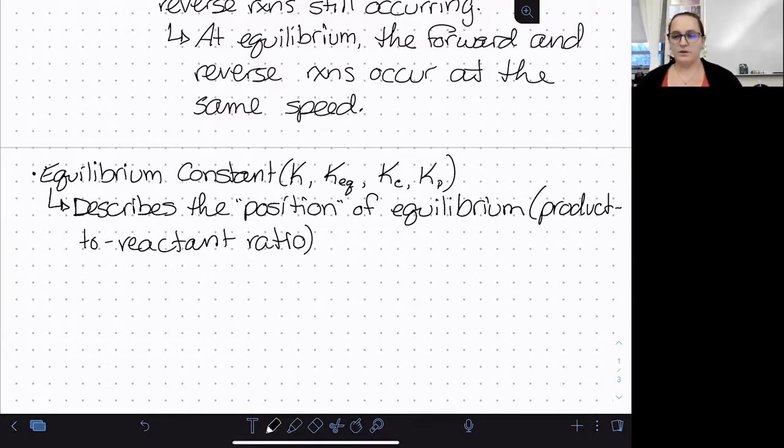When equilibrium is reached, do we have more products or do we have more reactants? And this is also related to, or changes with, the temperature.